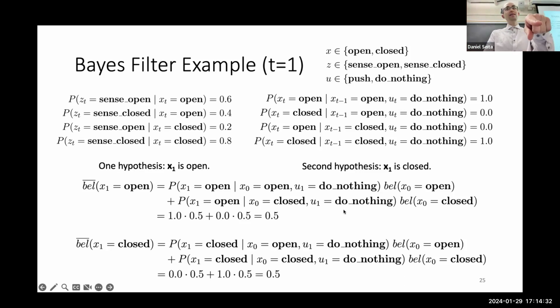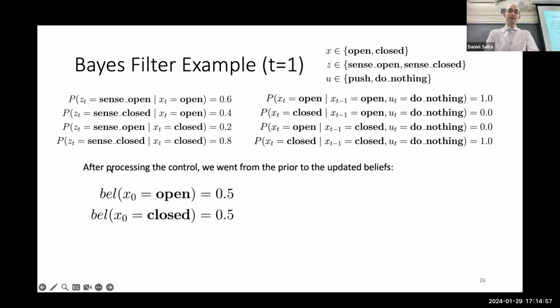Because no action was taken. Well, right, the action is really do nothing. So yeah, you can argue that way, but my bigger point is that we didn't take into account the measurement yet. We didn't take into account the robot's updated information.